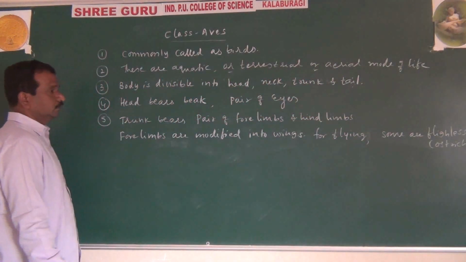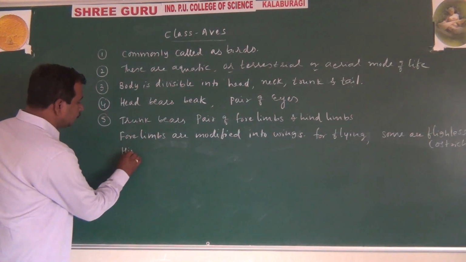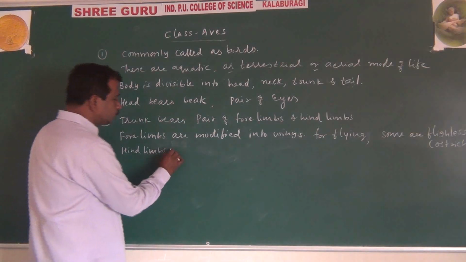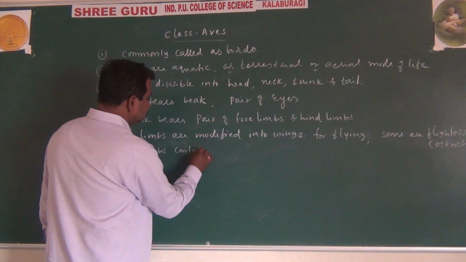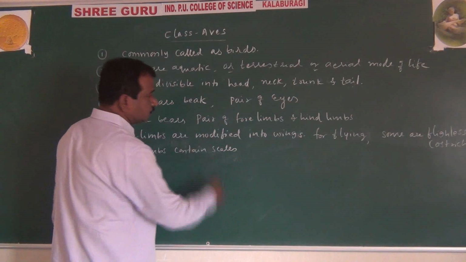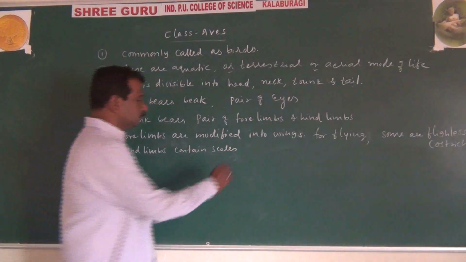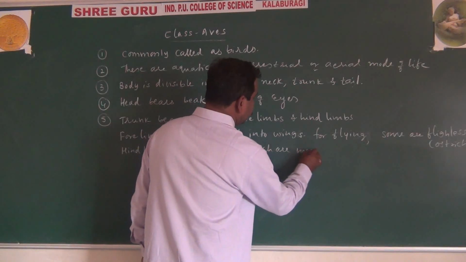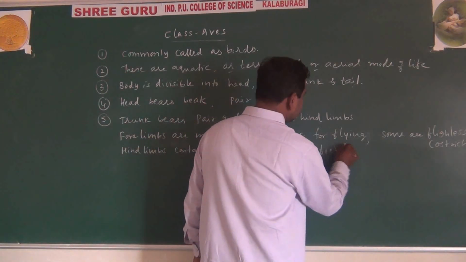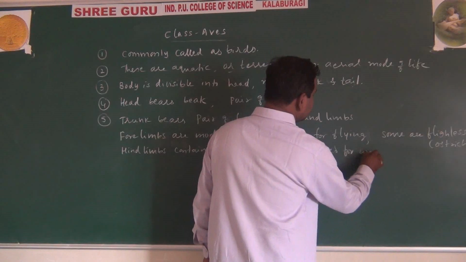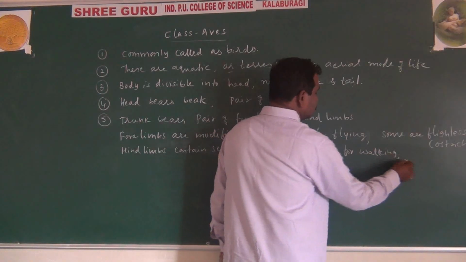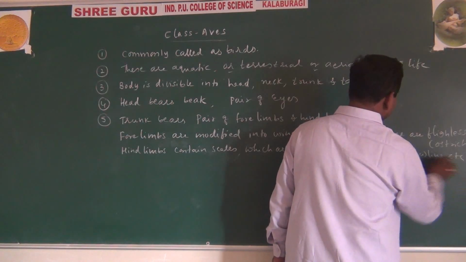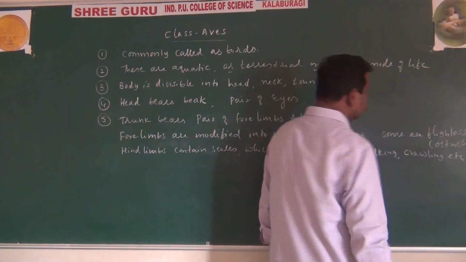Next is hind limbs. Here only I am writing: hind limbs contain scales which are modified for walking, crawling, etc., or swimming, you can observe it.